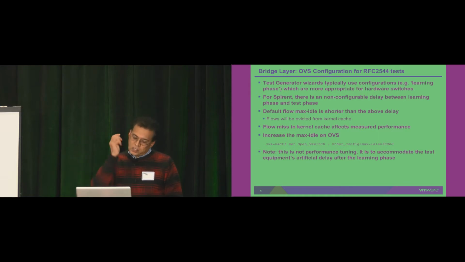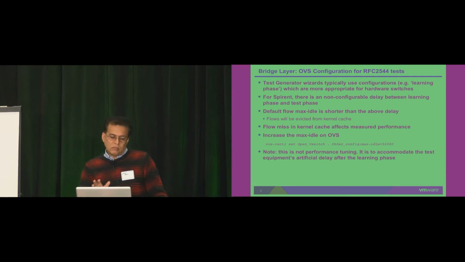And in some of these test generators, the time between the learning phase and the test phase is longer than that. So you really don't see the benefit of the learning phase. To get around problems like that, you can increase the max idle time using the ovs-vsctl command. That's something which we found out through experimenting.